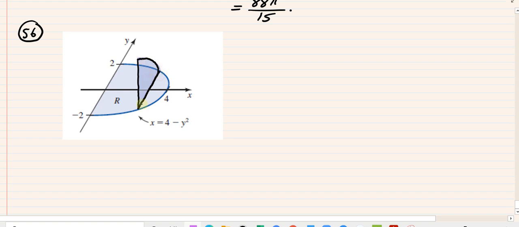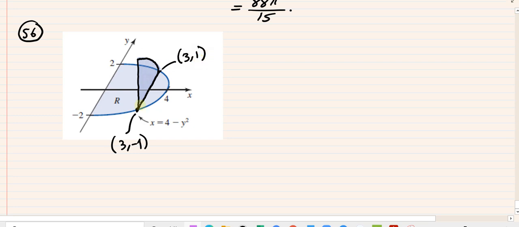Now the radius is actually this distance, right? That's the radius from here to the point on the outside of that parabola. So for example, if I want to know what the radius is, suppose I'm at x equals 3. So this is going to be 3 equals 4 minus y squared. Y is going to be minus 1 here, right?